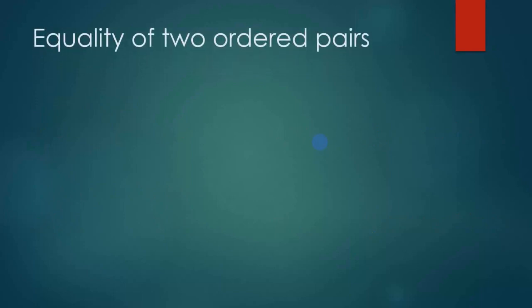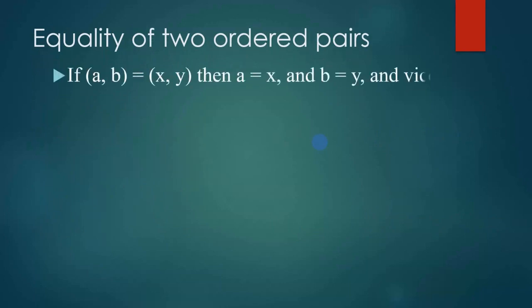Now we are going to know when two or more ordered pairs are equal. If the ordered pair (A, B) equals the ordered pair (X, Y), that means that A equals X, the first projection of the first ordered pair equals the first projection of the second ordered pair, and B equals Y, the second projection of the first ordered pair equals the second projection of the second ordered pair, and vice versa.